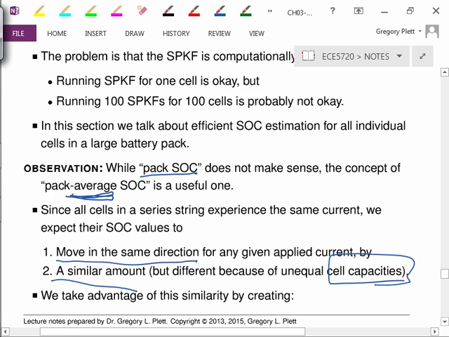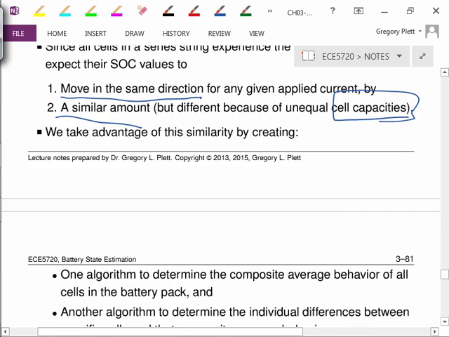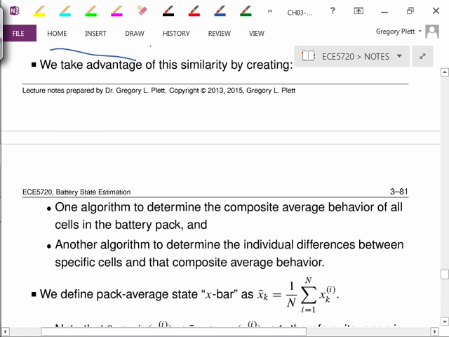So we are going to take advantage of the commonality to help us make an efficient way of estimating all the states of charge. We will create one algorithm to determine the composite pack average behavior of all the cells in the battery pack, and we will create another algorithm to determine the individual differences between specific cells and that composite average behavior.